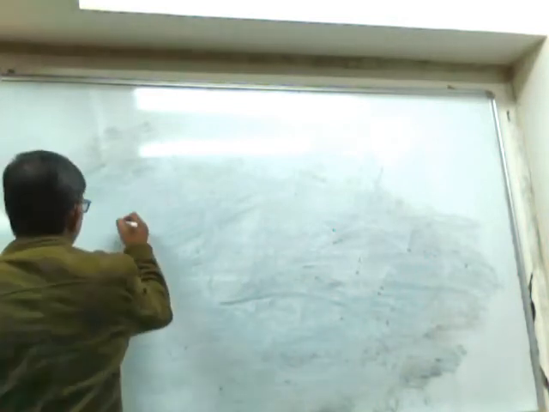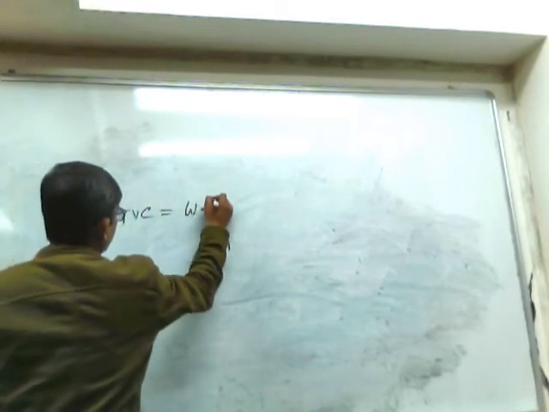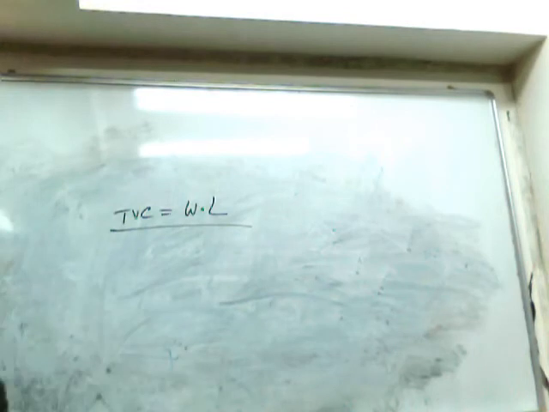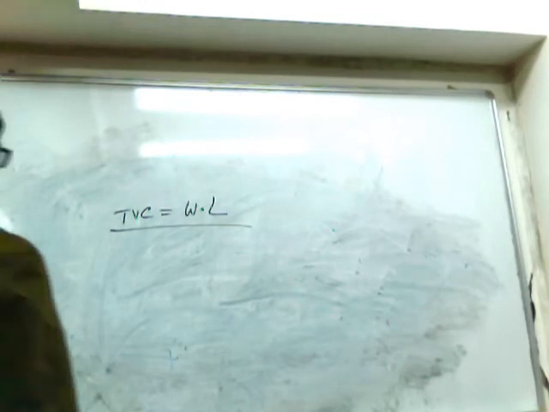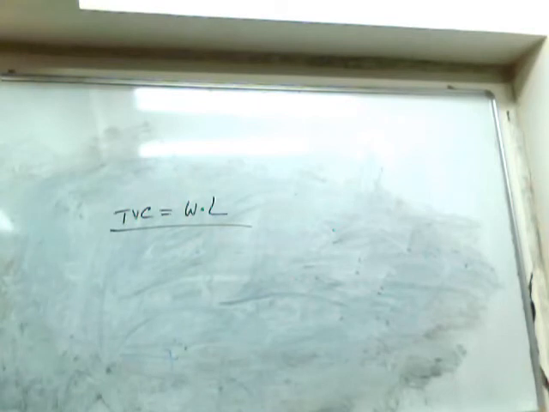So we can write here TVC equals W multiplied by L. Whenever we study the cost function, we normally consider that the factor prices are constant. So here also wage equals constant.